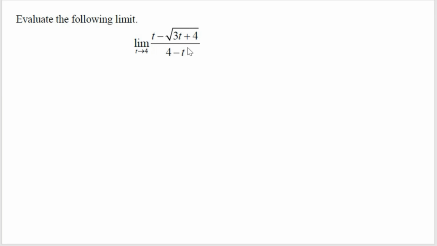You have to multiply the conjugate to the numerator and to the denominator. So we have the limit of t minus the square root of 3t plus 4 over 4 minus t as t approaches 4. So I'm going to multiply this by the conjugate of the numerator.